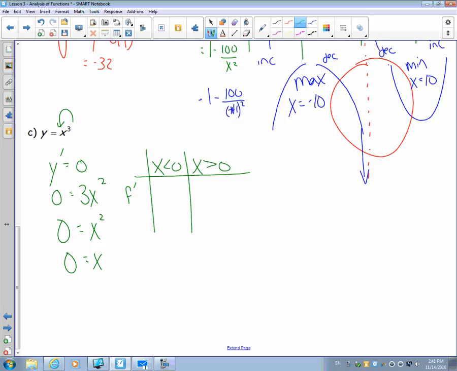If I pick a number less than 0 and put it in my derivative, so let's try -1, I get 3 times -1 squared, which is positive. If I do the same thing, but I choose a positive one this time, I'll get 3 times 1 squared, which is also positive. Well, if I try and draw this, it's supposed to be increasing and then increasing again, but there's no asymptote this time. So I've come across something weird.